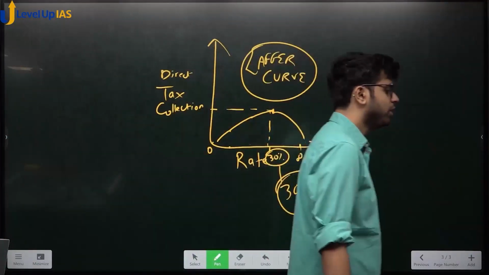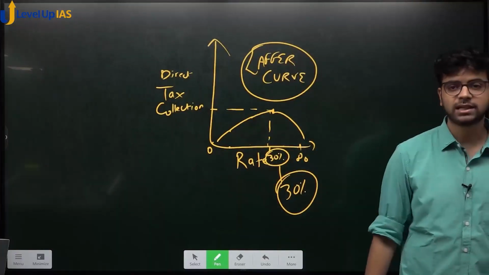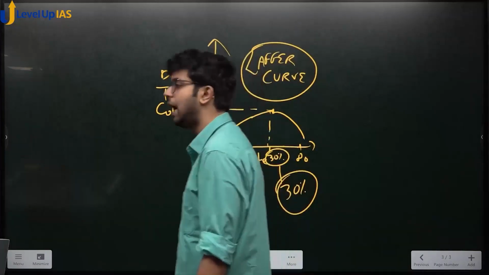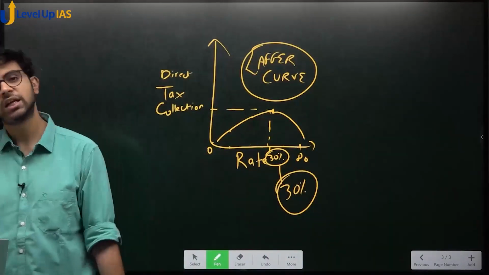What does it show? It shows that tax collection increases with an increase in tax rate, but only up to a certain point of time. After that, they decrease with a further increase in tax rate.